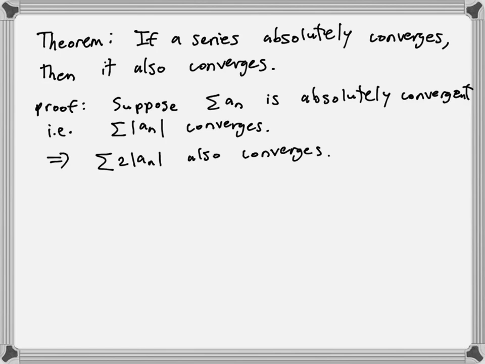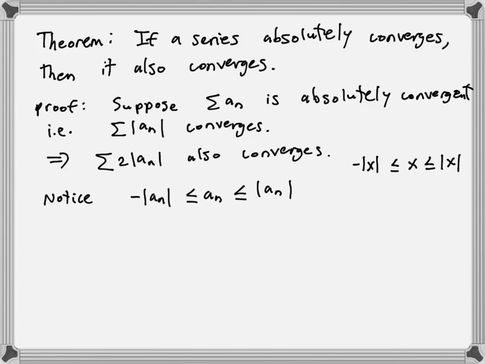Now, notice that a_n, every term, is always sitting between the negative of its absolute value and its absolute value. This is just a fact. Anything sits between the negative of its absolute value and its absolute value. If it's positive, it's equal to the right term, and if it's negative, it's equal to the left term. But it always sits between them.